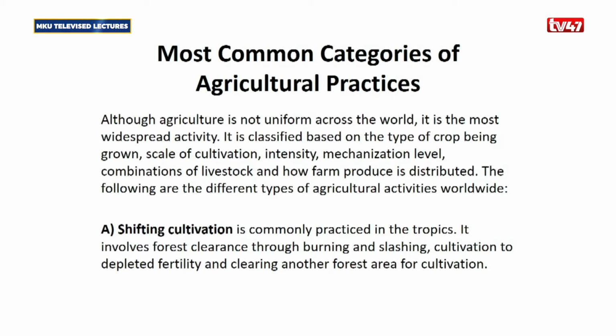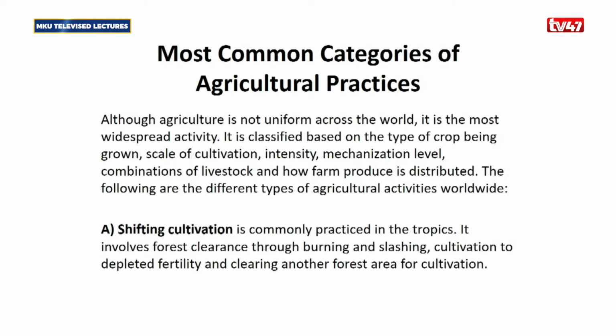Let's look at a few of the most common categories of agricultural practices. Although agriculture is not uniform across the world, it is the most widespread activity, and it is classified according to the type of crop being grown, the scale of cultivation, intensity, mechanization level, and so on. Then we can talk about 13 of them.